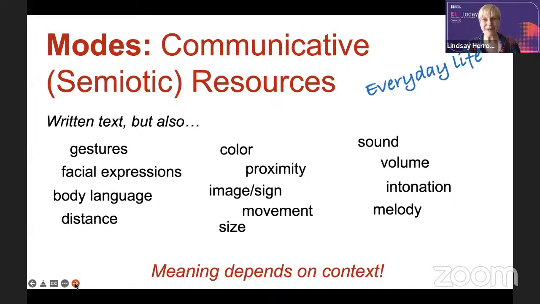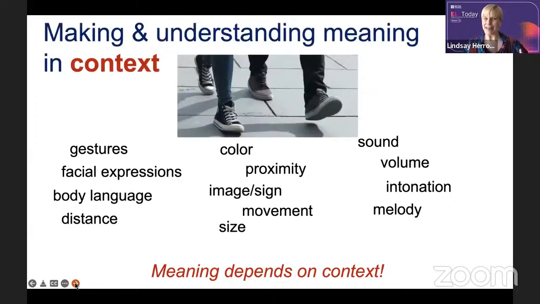So for example, in everyday life, if somebody is walking really close to you, how you understand that depends on the modes, right? It depends on the gestures the person is making, the person's facial expressions, their body language, their proximity, your culture. Is it normal to be standing that close to someone? The movement, are they walking faster?